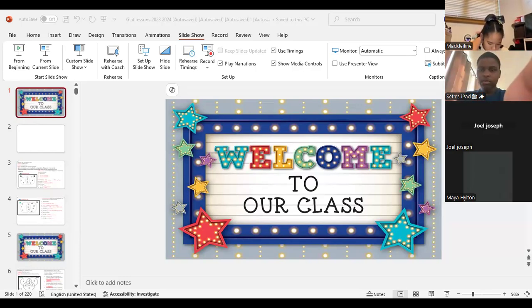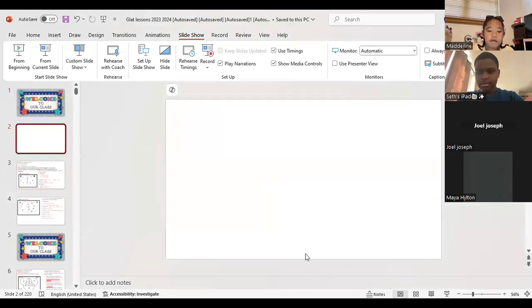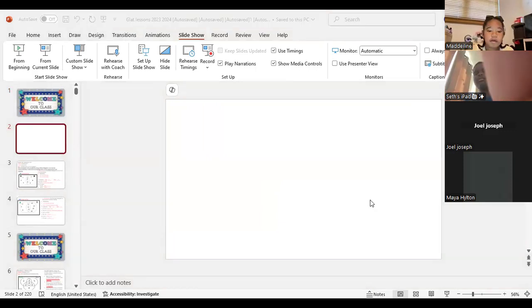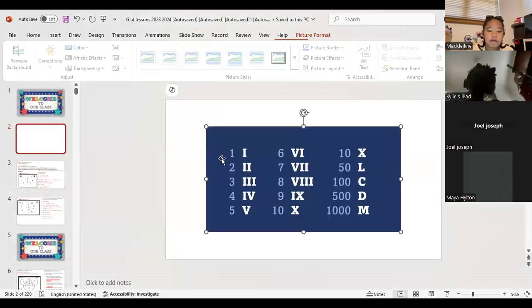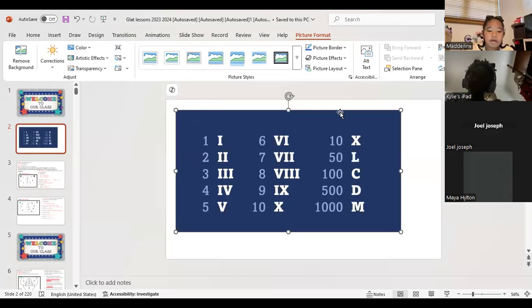Seth, what is your smart score? 82. Okay. Let me put the chart in the chat. All right, this is a chart for anyone who needs the chart with the Roman numerals.